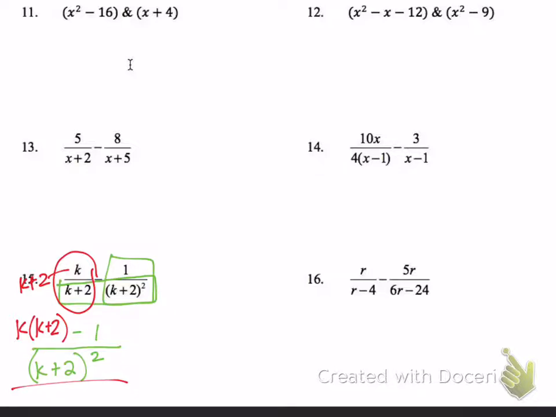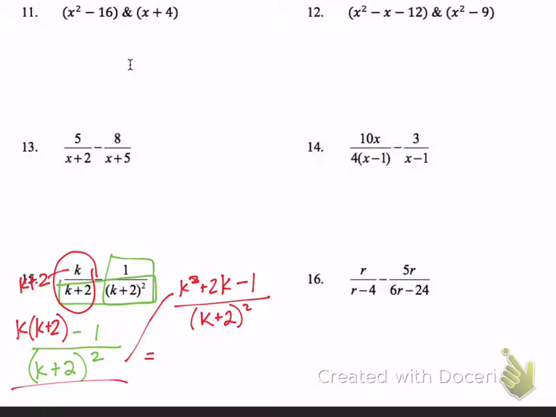And so then, if I were to simplify this, I'm going to come up here, k squared plus 2k minus 1 over k plus 2 squared.